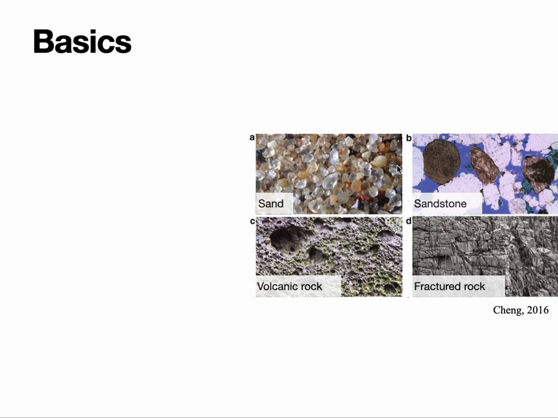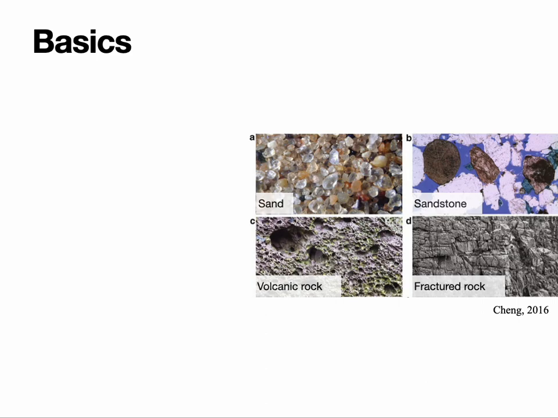So these are different types of rocks. You have sandstone, volcanic rocks, and fractured rocks, and all these types of rocks are basically characterized by a pore space. There is some space, of course, between the grains in the sand. There is some space which is not fully filled inside sandstones. In volcanic rocks, you have the bubbles that make space, and in deformed rocks, you have fractures that make space.